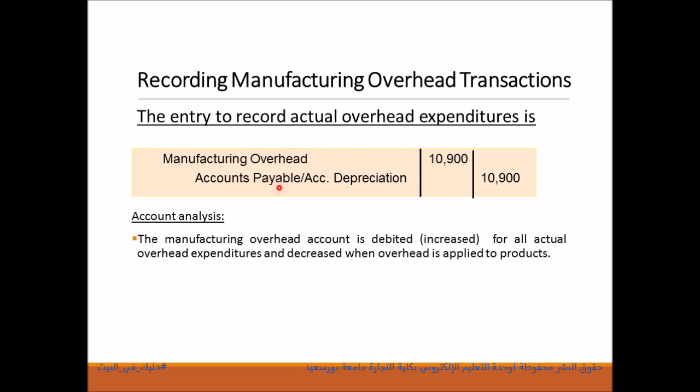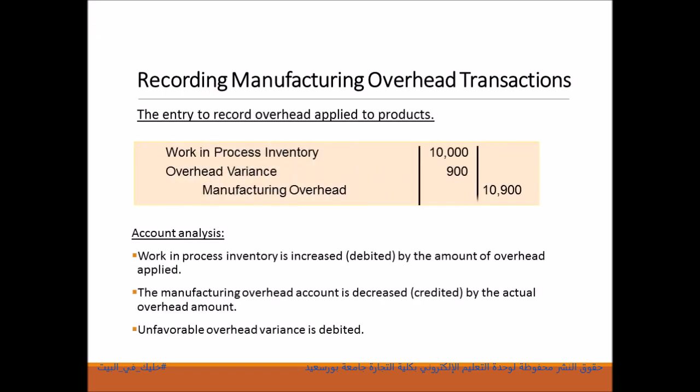If the cost is related to depreciation expense, the credit goes to accumulated depreciation, and so on. So far we have recorded overhead cost, actual overhead cost incurred.